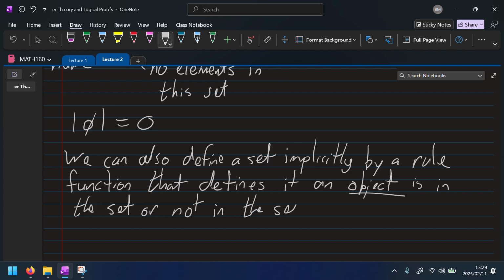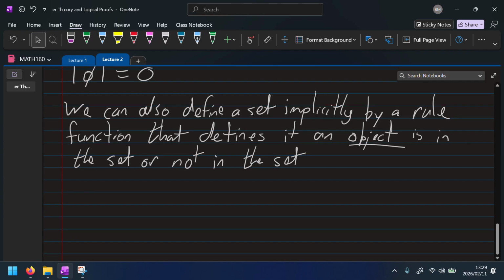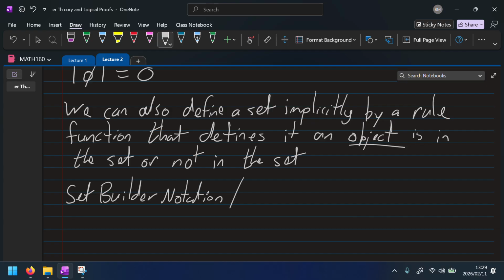Okay, and we write the following notation. This is called set builder notation, also known as restricted comprehension. So we're going to call it set builder notation. If you're doing pure maths on Westville, they would call it restricted comprehension. You still need to know what it means though.